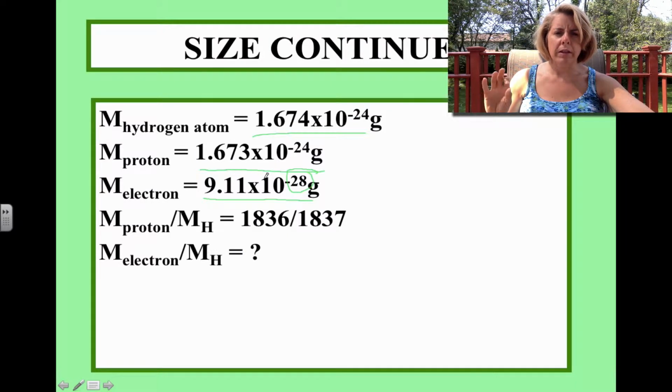So the fact that the electron is significantly smaller shows you that here we have 1836 divided by 1837. So the mass of the proton is taking up a huge chunk of the atom. The question is, what about the electron? We're talking about a tiny, tiny fraction of the overall mass of hydrogen.